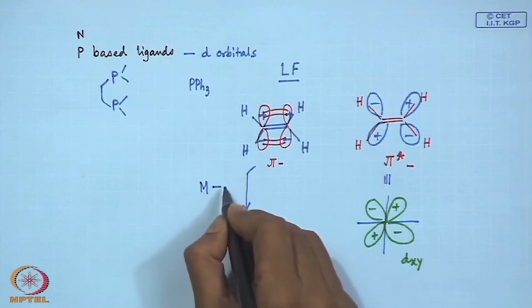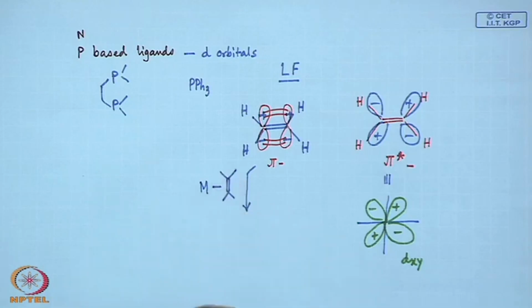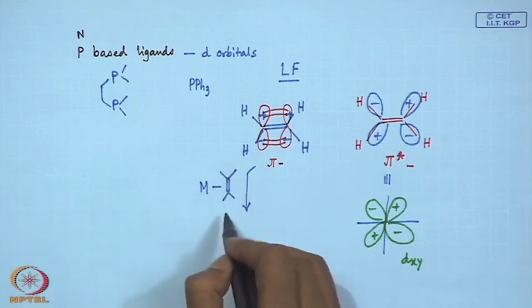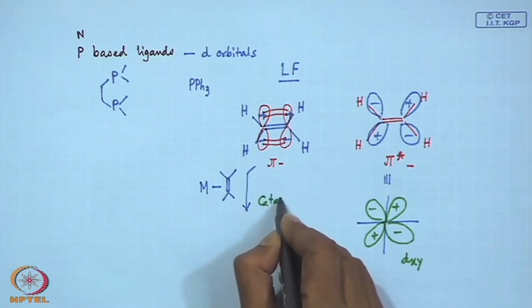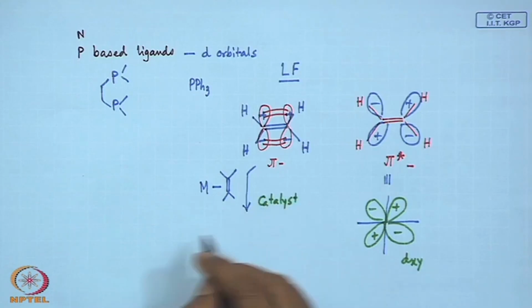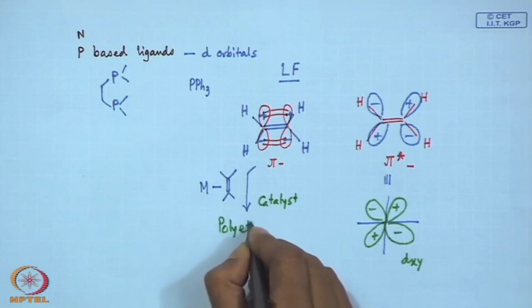We can have the metal interacting with the ligand, the ethylene backbone, and when it is functioning as a catalyst, it can give rise to polyethylene.